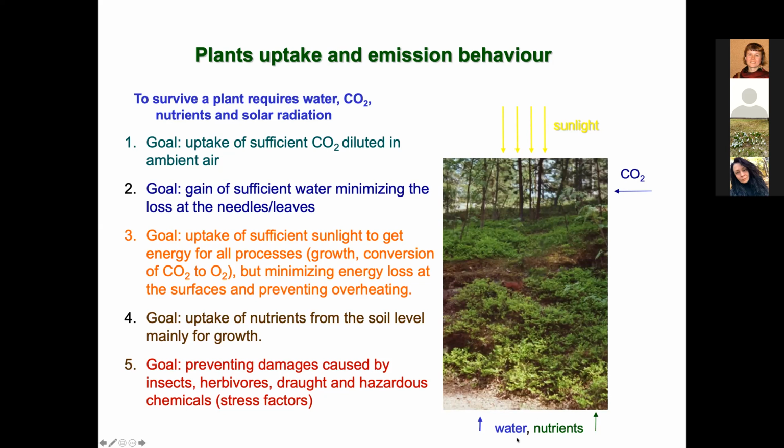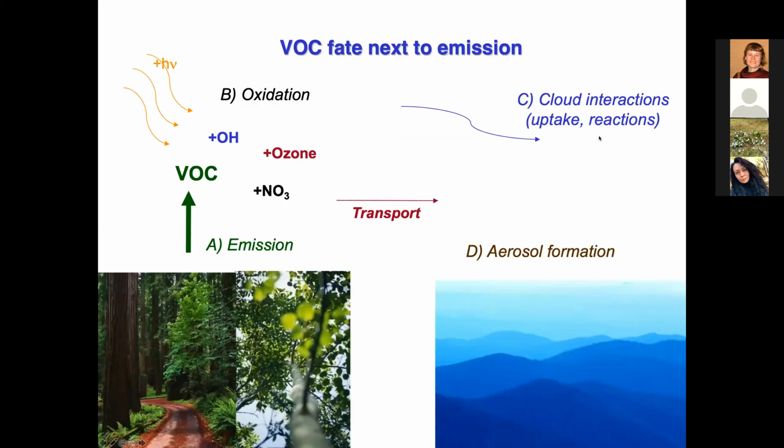So if there's enough water, enough nutrients, enough CO2, enough sunlight, then the tree is happy and will also produce these VOCs. So these volatile organic compounds then react with OH, ozone, NO3, and can form particles, aerosols, and also, as we just heard in the lecture before, have a huge impact on the cloud interactions, the cloud formation.